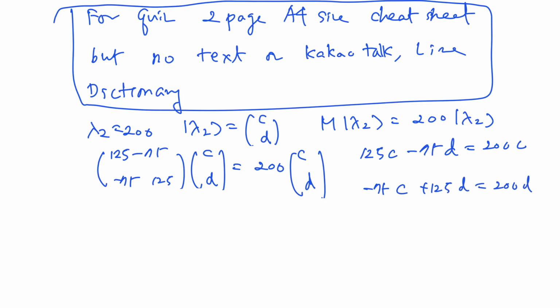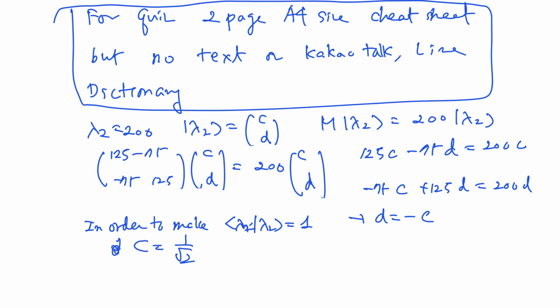So that means D is minus C, right? Using the same logic as before to normalize the eigenvector, C can be 1 over square root of 2, right? So the lambda 2 eigenvector is 1 over square root of 2 times (1, -1).